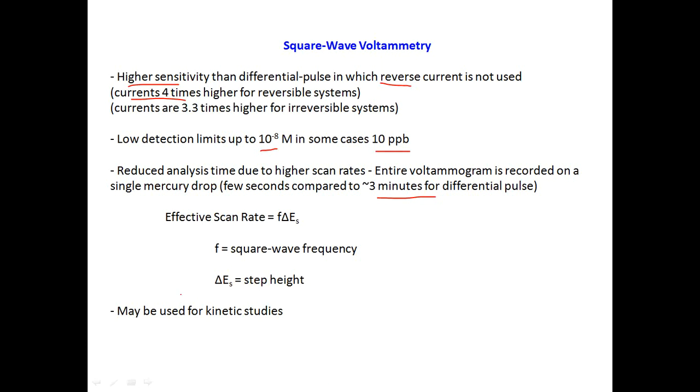The instrument measures the potential versus current curves in a very short period of time. The effective scan rate is equal to f times delta Es, where f is the frequency of the square wave and delta Es is the step height, meaning how much you are increasing the potential every time. This is very useful in kinetic studies because we are doing the scan in a very short period of time.